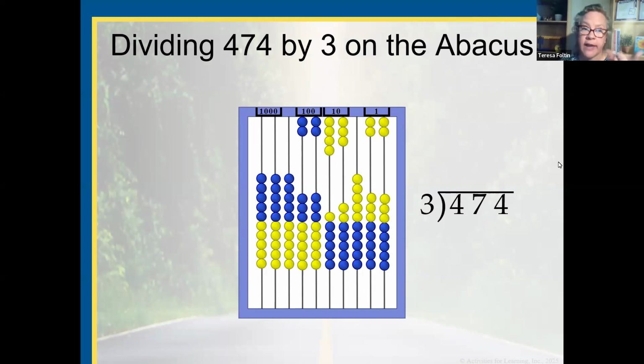And she pointed out that each of the beads is worth the number that's above it, right? So look at those 4 beads that are entered under 100. That just means that each of those beads is worth 100. Then under the 10, each of those 7 beads is worth 10. So we have 70. And then under the 1, each of those beads is worth 1. So we have 4. All right.